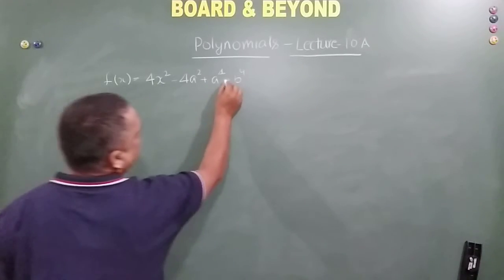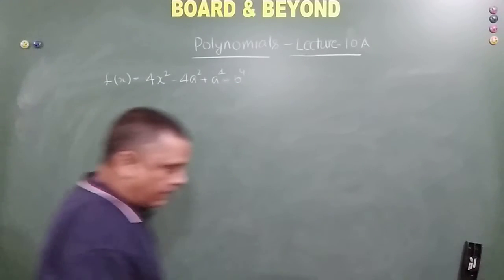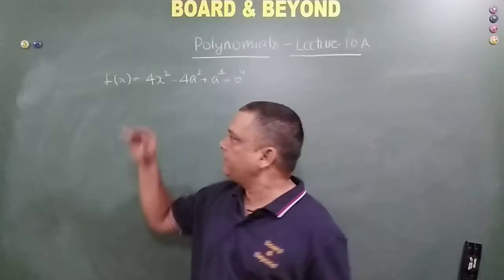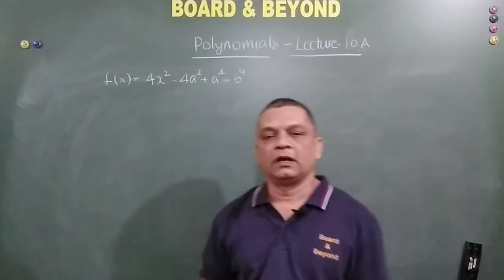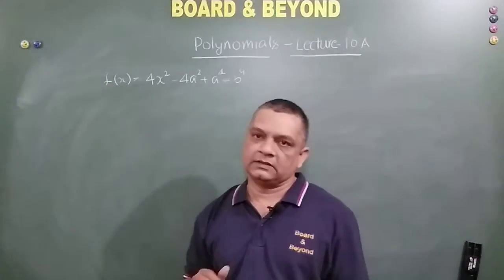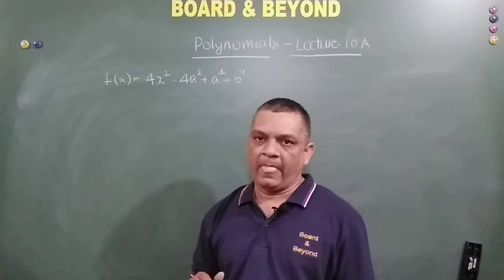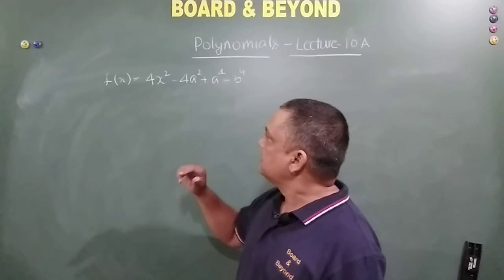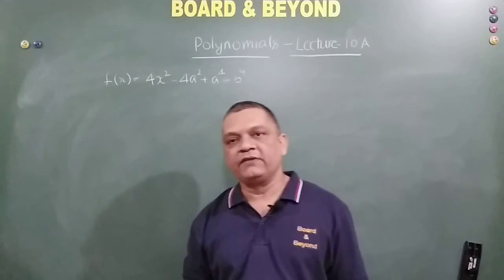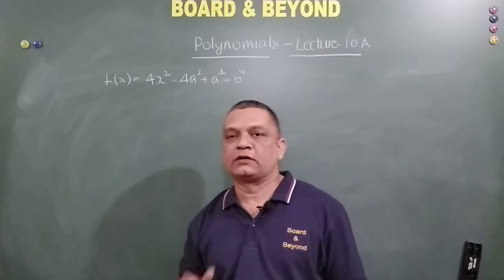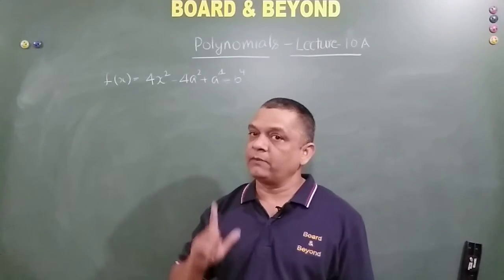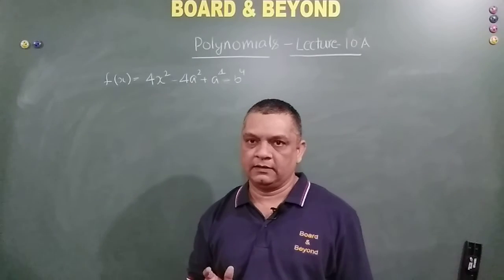Now friends, first of all try to analyze this f of x, whatever has been given to us. What kind of polynomial is this? Do you all agree with me that this polynomial is a quadratic polynomial? It's not a biquadratic polynomial.